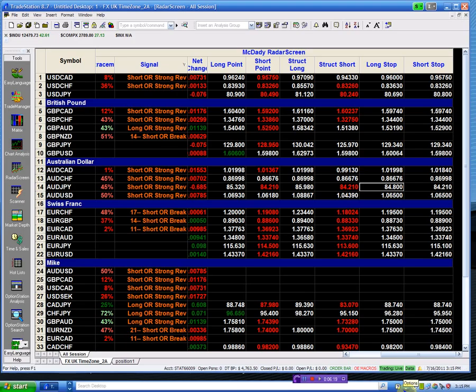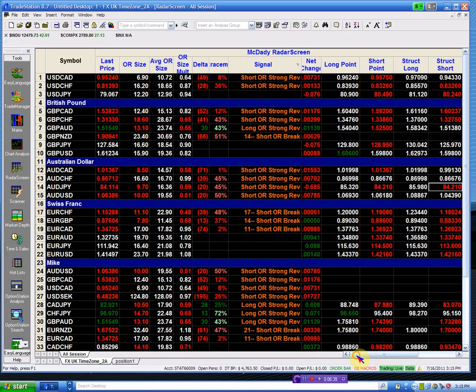And on the short side, it's a very good trade for us, because 84.21 is our short point, it is our structure short, and it is going to be our stop.